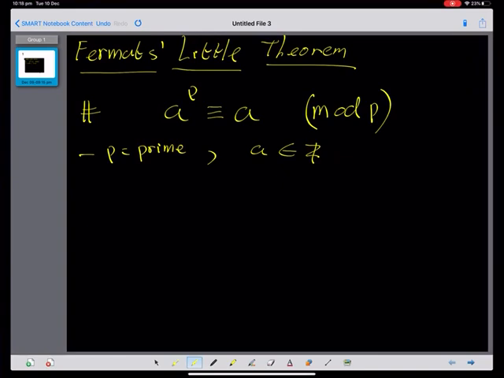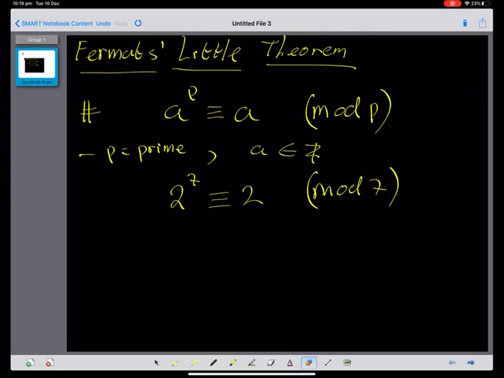Let's take a closer look at that. Let's use an example. 2 to the 7 should be equal to 2 mod 7. We've got 7 is prime. The second condition, that A is an integer, well, 2 is an integer.